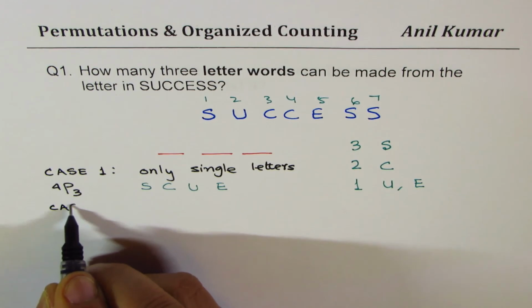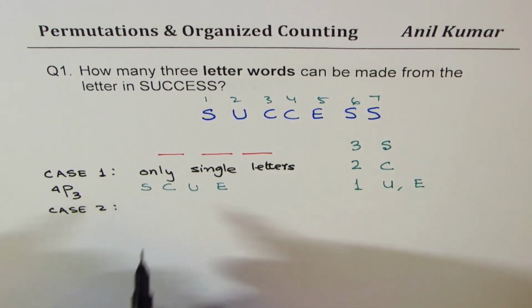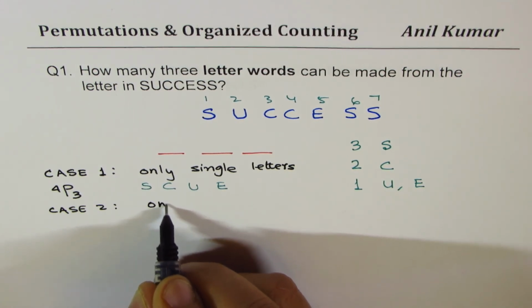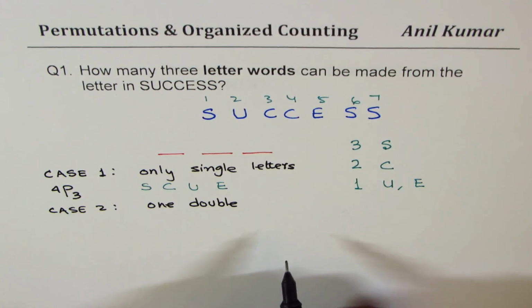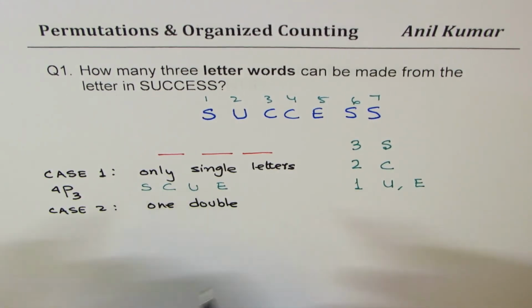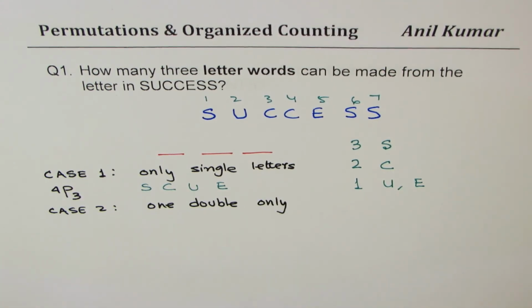Now let's do case 2. In case 2, we will take one double. That means one letter will be repeated, right? So only one double. Let me write like this. So in that case, we have 2 possibilities.